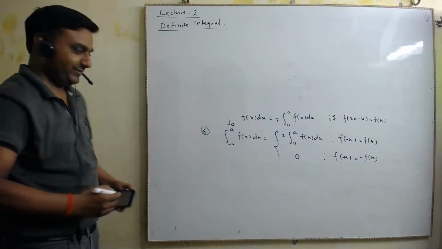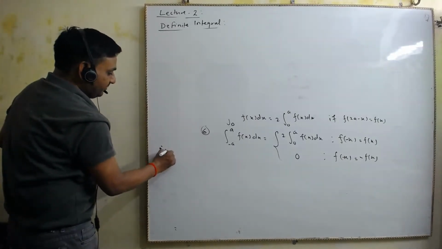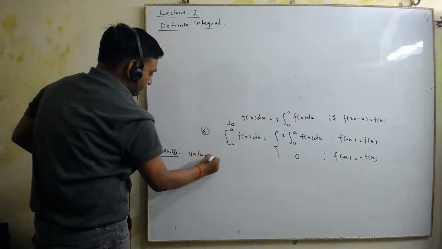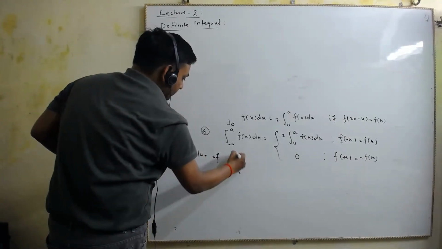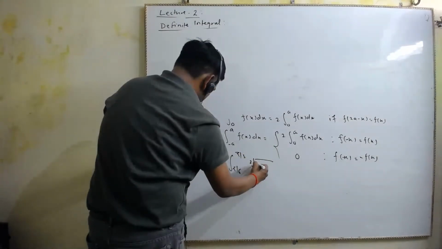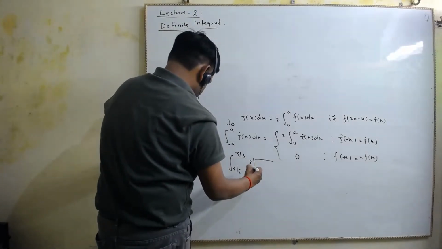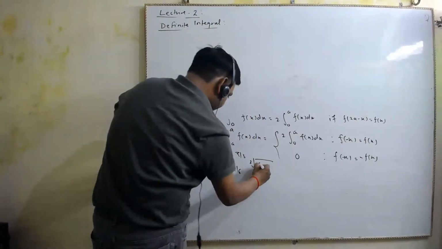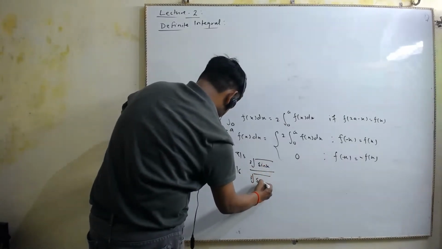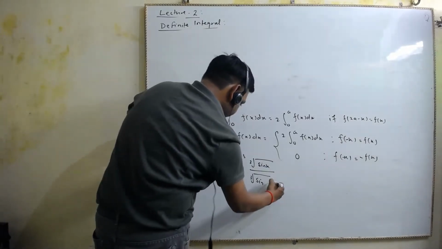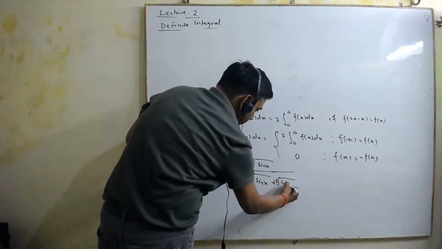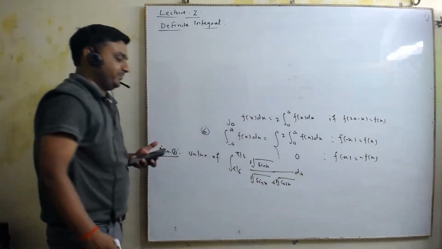Okay, fair. Let's take one more example. Can you tell me the value of the integral from pi by 6 to pi by 3 of cube root of sin x divided by cube root of sin x plus cube root of cos x dx?